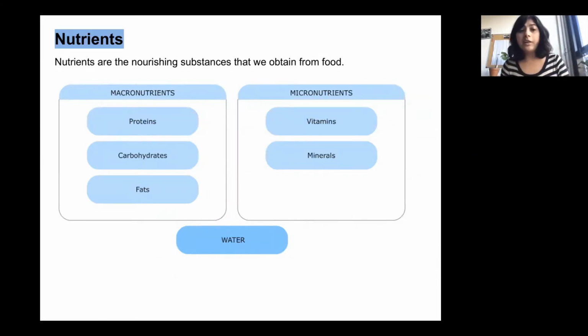For example, the macronutrients are the nutrients that are required in a larger amount, for example, the protein, carbohydrate, and fats. And the micronutrients are the nutrients that are required in a smaller quantity, but are essential for the body function. And water is another essential nutrient. So nutrition is a combination of all these 7 different types of nutrients and how they interact in our body.